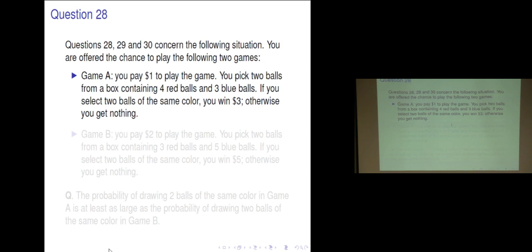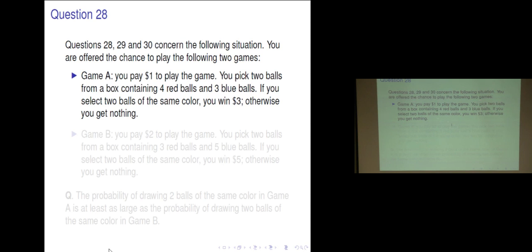Okay, so the last 3 questions go back to probability, and are about expectation, with some combinatorics. So let's try. They all talk about the following situation. You're offered the chance to play the following 2 games.